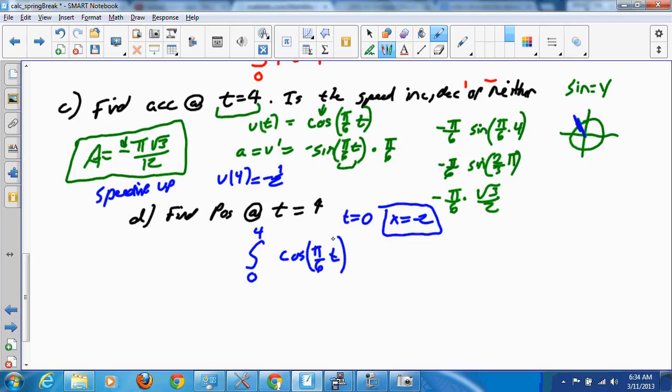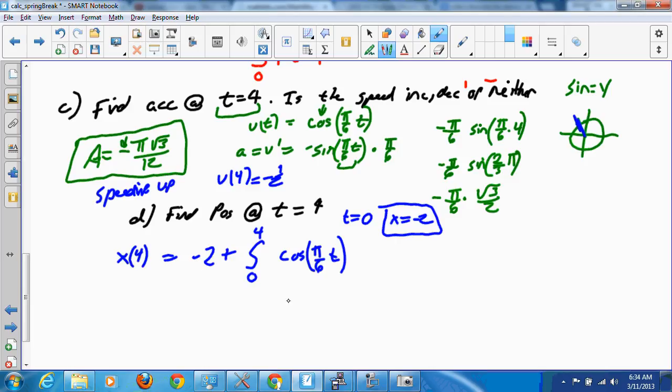It doesn't start off at the origin, it starts off at -2, so it's -2 plus this value, and that would be our position at 4 seconds. So basically, we're just going to add a -2 to our answer.